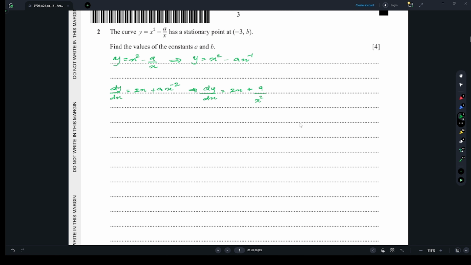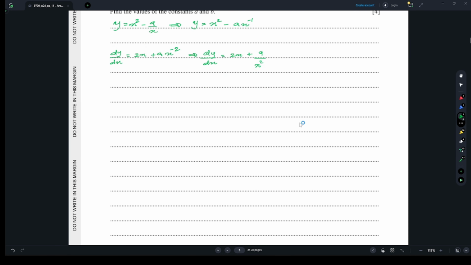Okay, and then at the stationary point, we know that dy over dx, or the gradient, is 0, right?